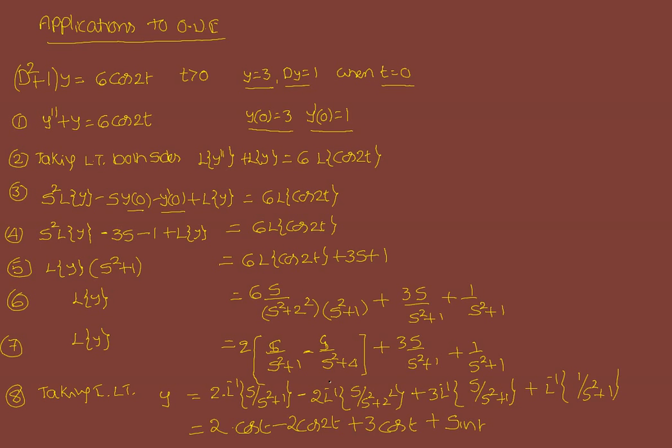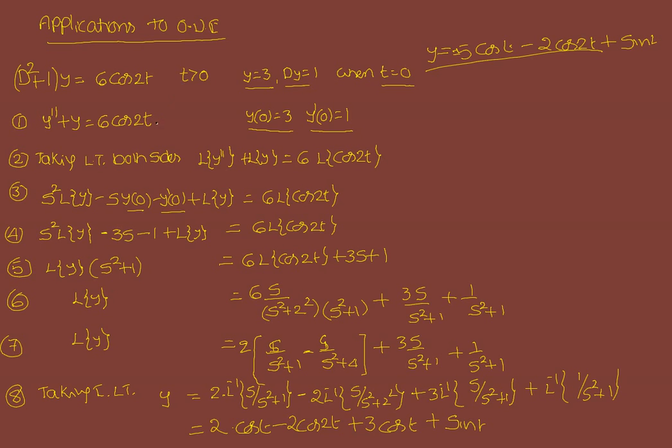Therefore 2 cos t plus 3 cos t, 5 cos t. So this is the y value: y is equal to 5 cos t minus 2 cos 2t plus sin t.